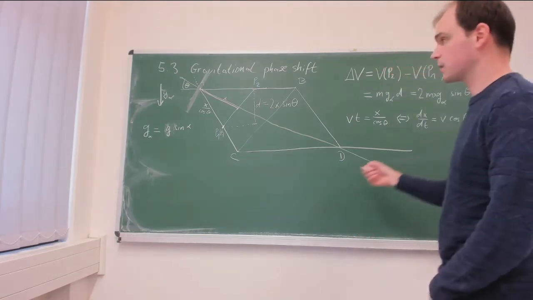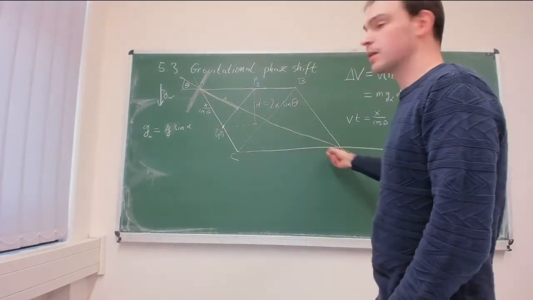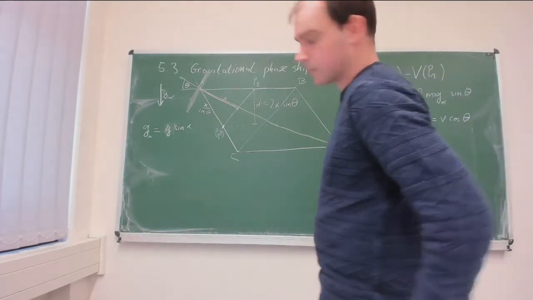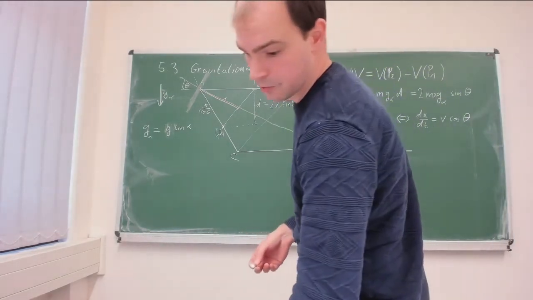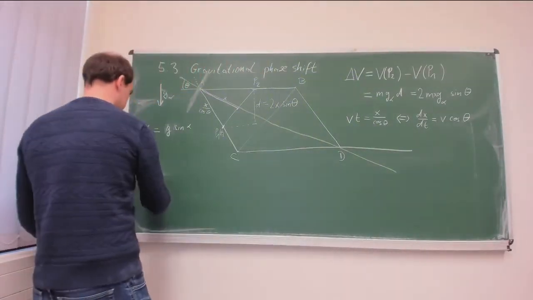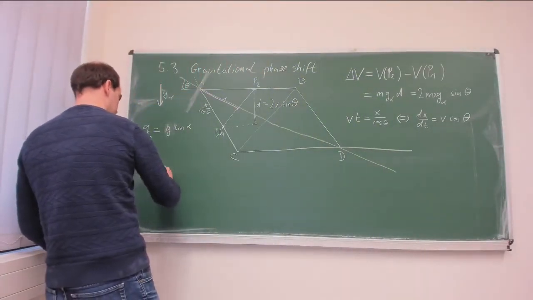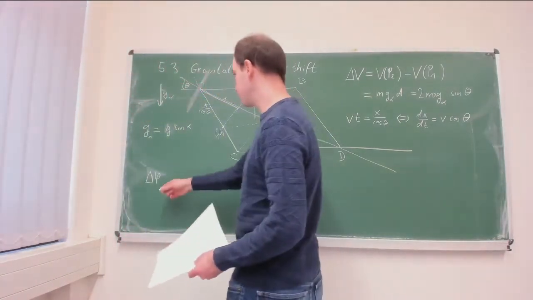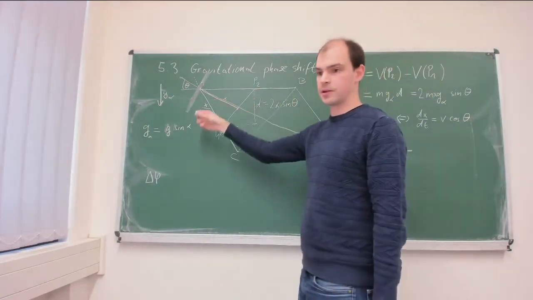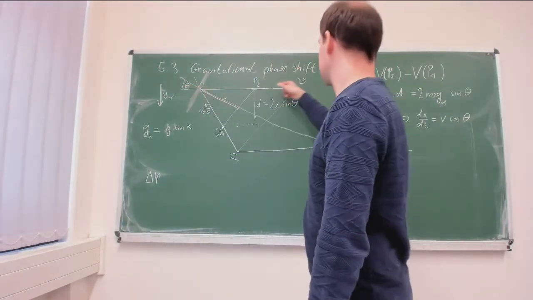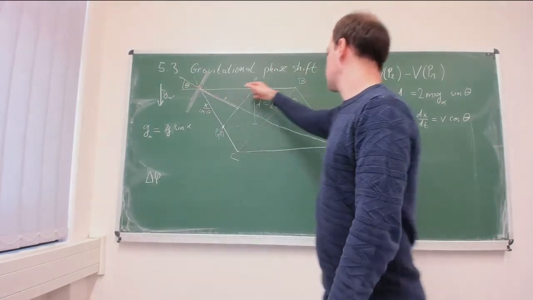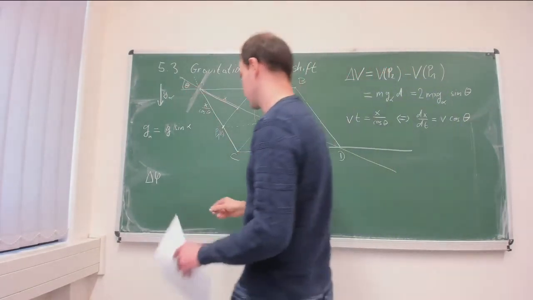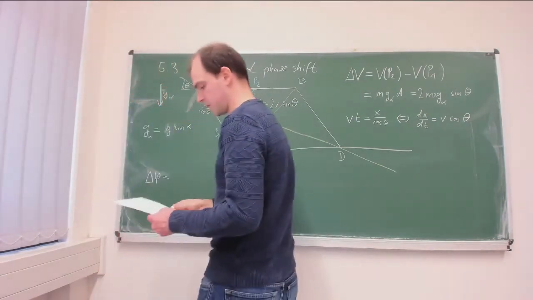So this is the velocity along the central axis. With this, we can now write down our phase shift. We just look at the phase difference delta phi between the upper path and the path that goes down. This is what we've seen in the previous section.